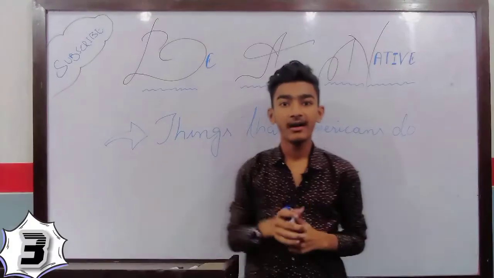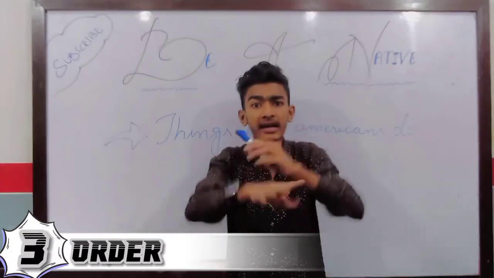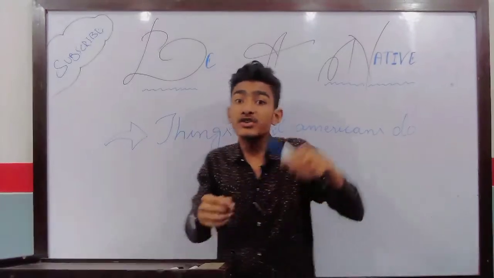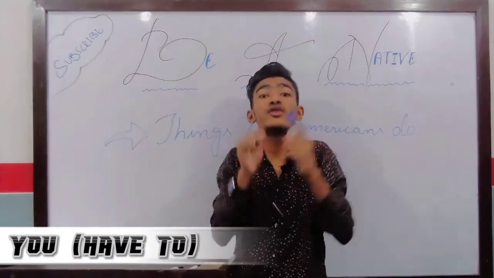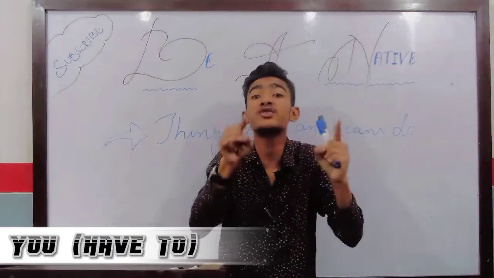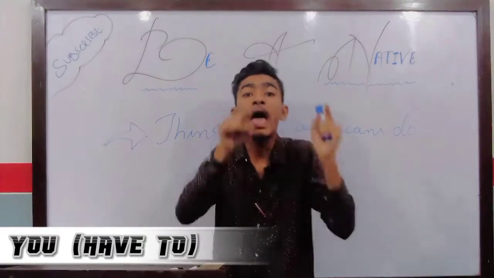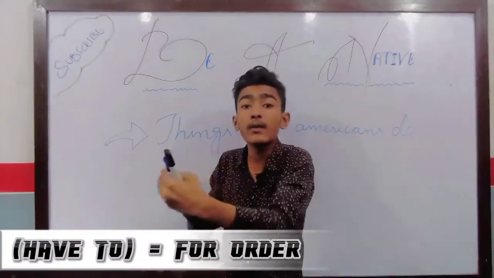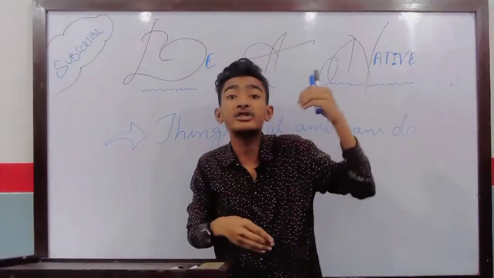Point number 3. Whenever you give an order to people, you might say you have to. You use the phrase have to for the order. For example, if you're giving an order to a person, you use have to.